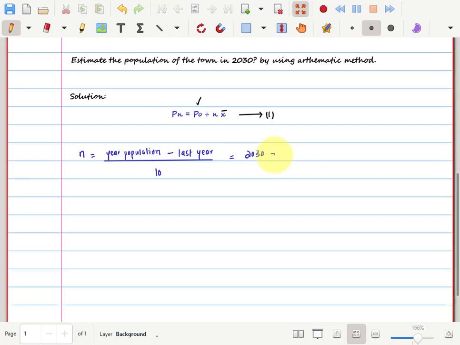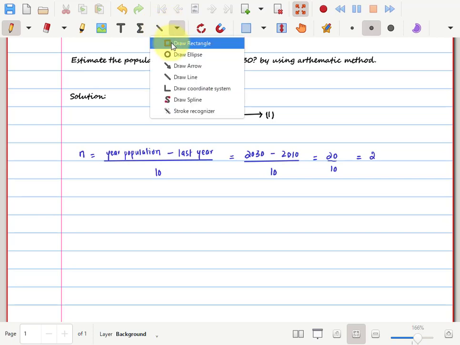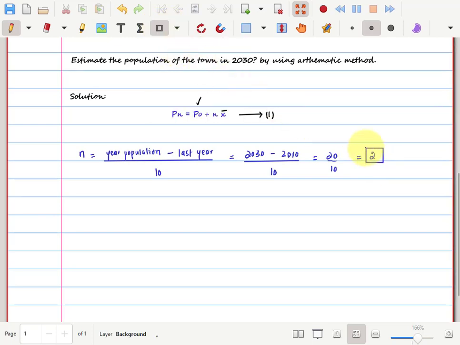So n is going to be 2030 minus 2010, which is 20, and 20 divided by 10 is equal to 2. So the value of n in our case will be 2, right?